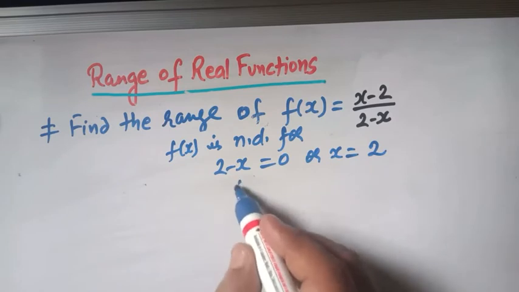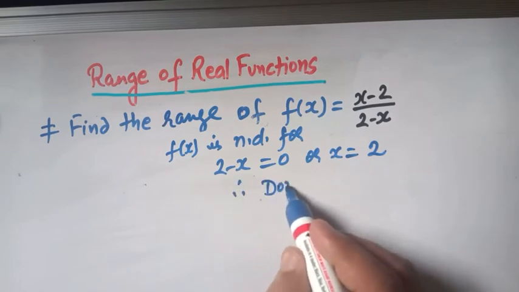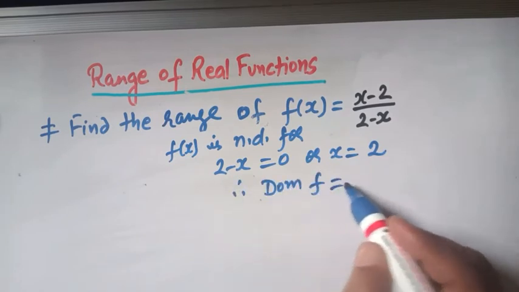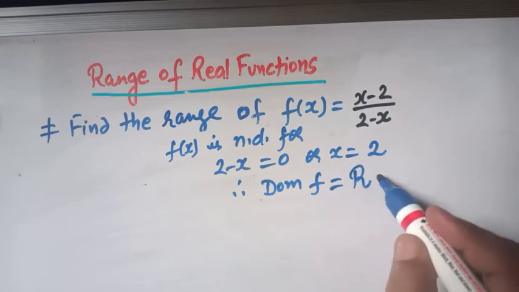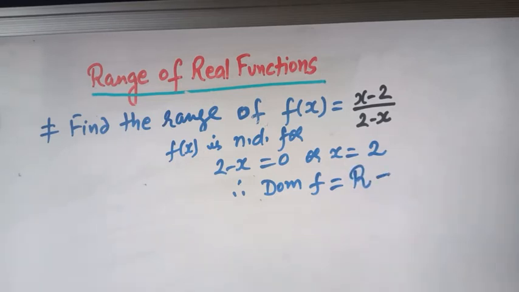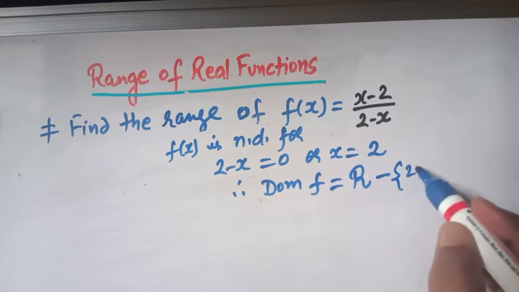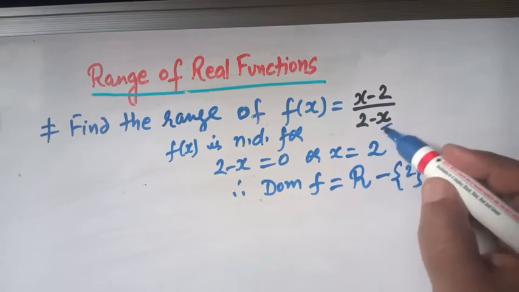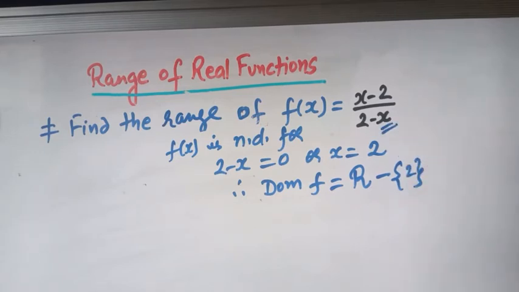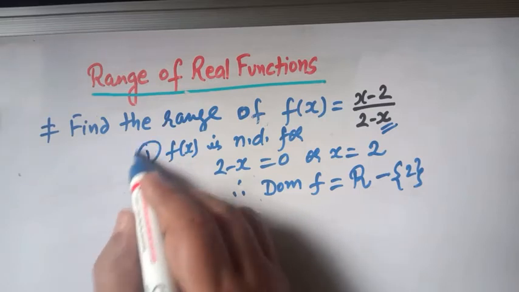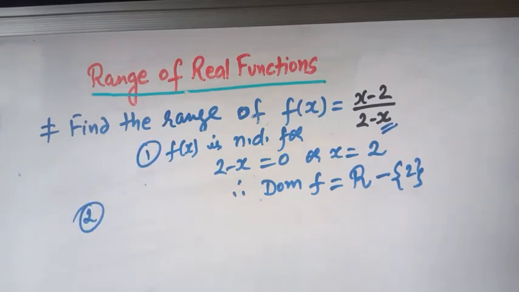Clear? So therefore the domain of f is the set of all real numbers excluding 2. Clear? We cannot take x is equal to 2 here. Now let us find the range.